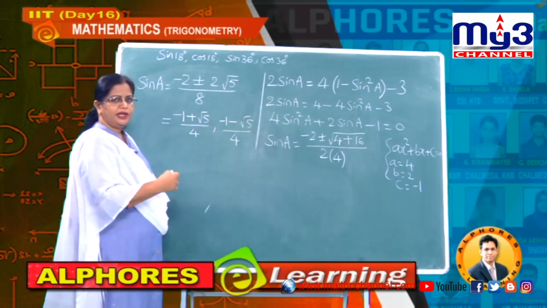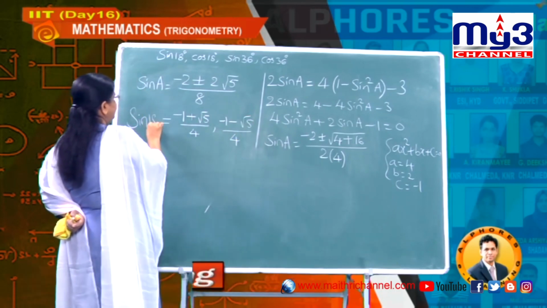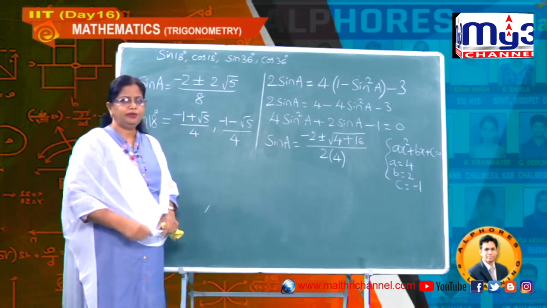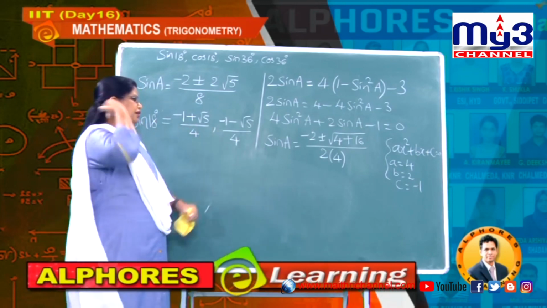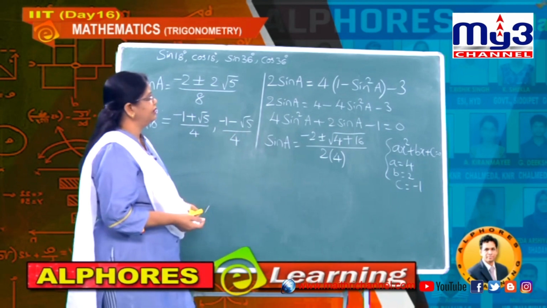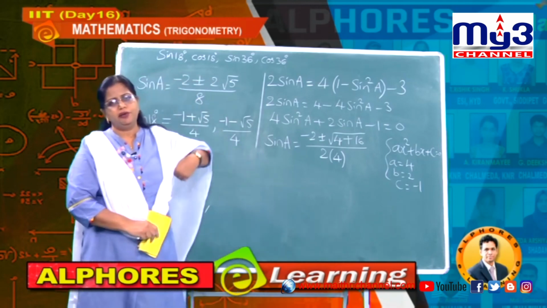Now what is our A actually? It is 18 degrees. So sin 18 degrees you got as minus 1 plus root 5 by 4, and the other value as minus 1 minus root 5 by 4. What is 18 degrees actually? It is an acute angle.